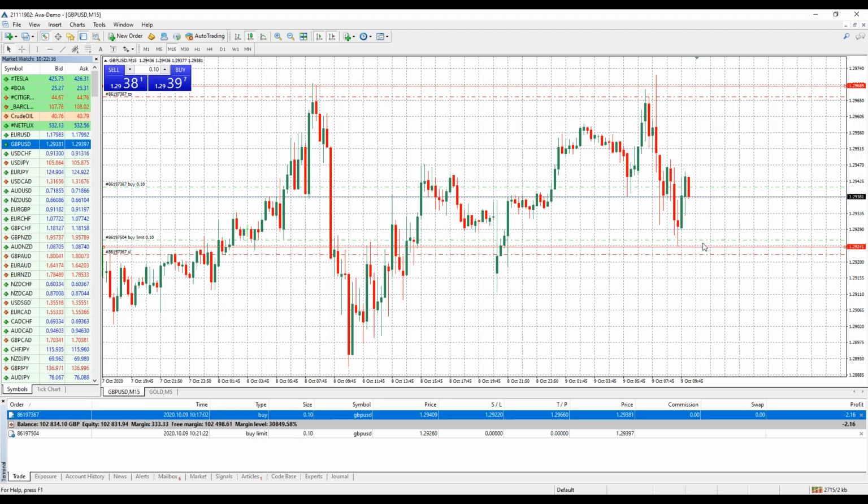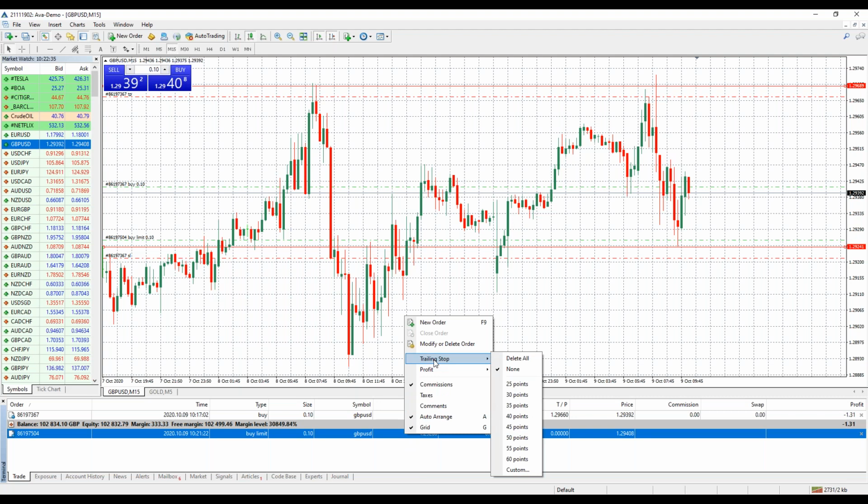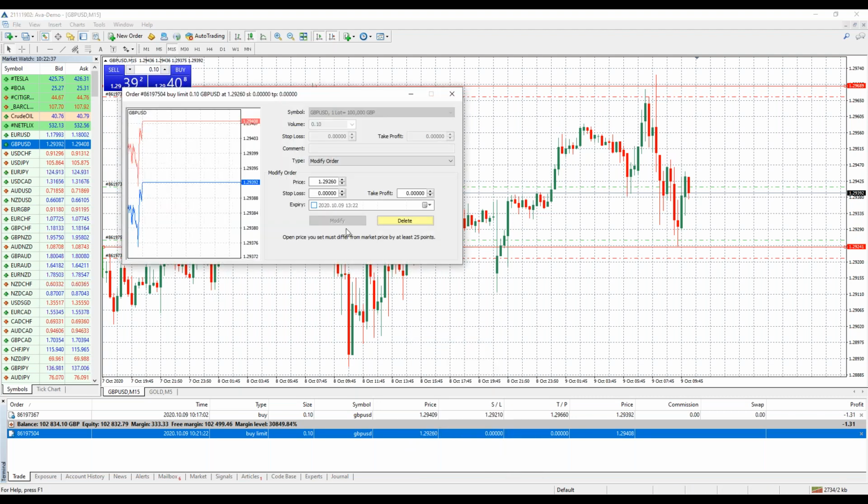And so my stop loss on this one, if it's down here at 1.2922 or somewhere thereabouts, maybe I want it to be a little below that in case it has a little spike before rising. And so if my stop loss is 1.2921, I can go and add that on my pending order as well. Stop loss 1.2921.